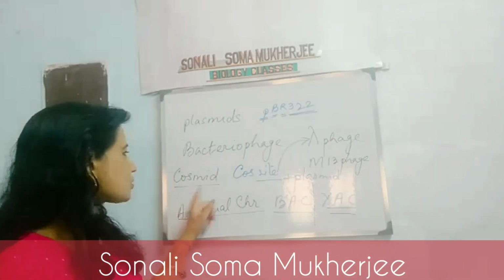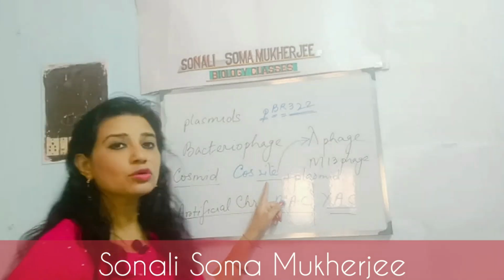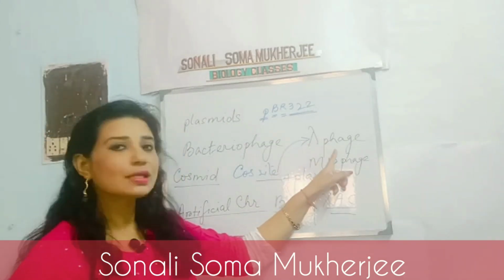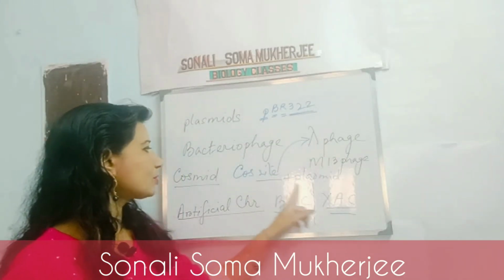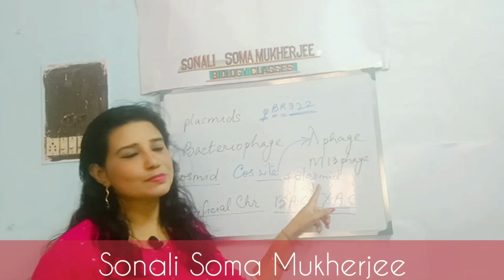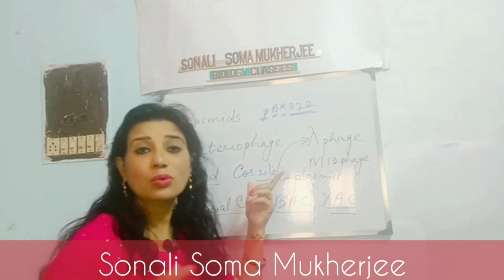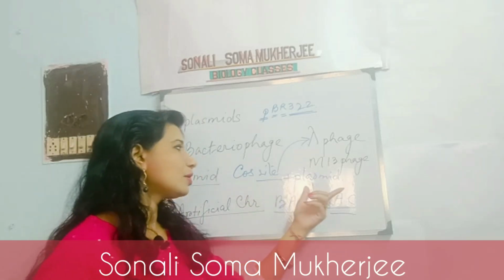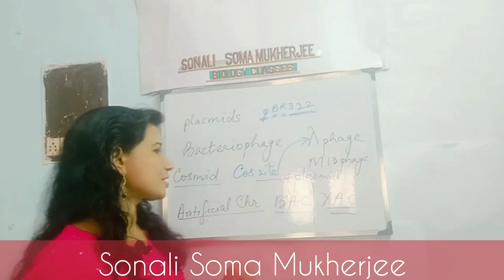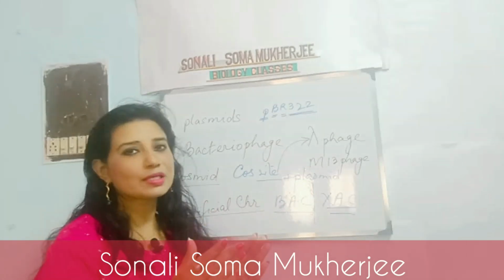And then cosmid. A cosmid is actually the cos site of the lambda phage integrated into a plasmid. The cos site is the cohesive site of the lambda phage, and both the phage and plasmid comprise the cosmid.